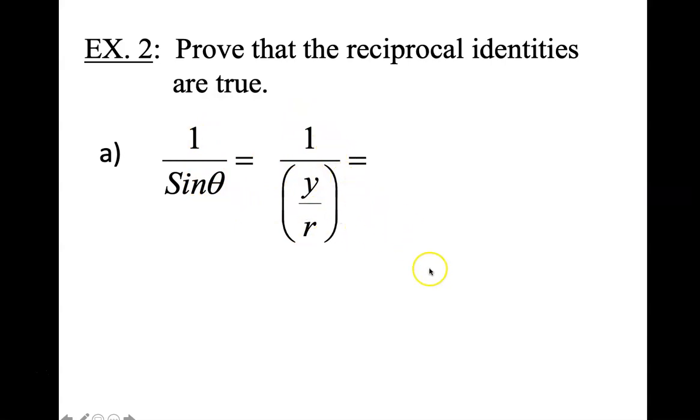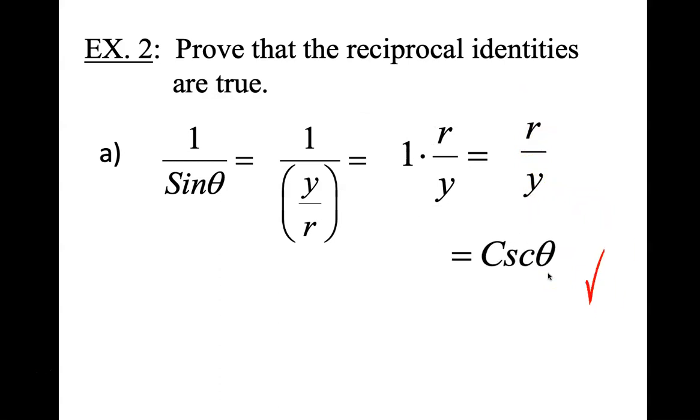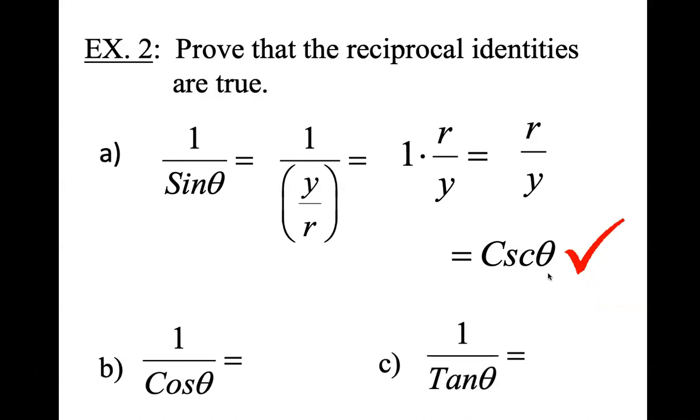Again, I keep the top, the 1, and multiply by the reciprocal. 1 times r over y becomes r over y, which is the reciprocal of the sine, which is, in fact, the cosecant, which is what I told you in the early identities. Again, if you feel like it's your mission in life to go prove some more, here's a couple others you can play with, or you can ask me about when we have our class meeting, but that's the basic idea.